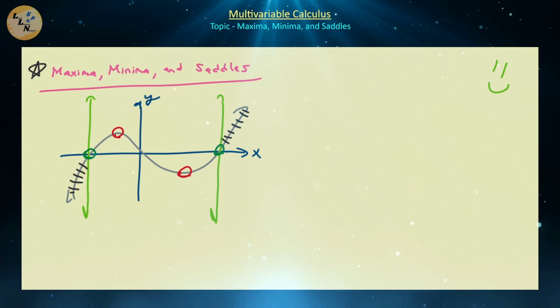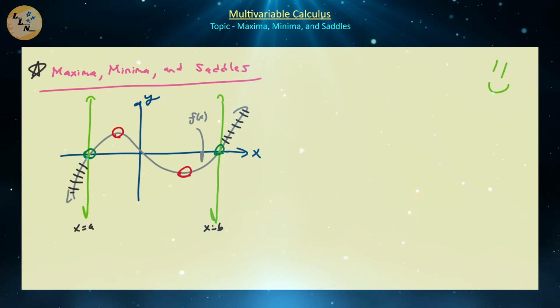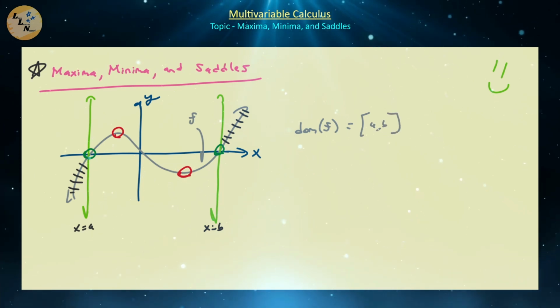So if this is x equals a, and this is x equals b, and this function in gray is f, then the domain for this function is going to be the closed interval AB. Let's also fill in those points so nobody thinks that's an open interval. Because keep in mind, if it's an open interval, those endpoints cannot be classified as local maxima or local minima, which I'm not going to go into here, but you should know how to justify that.